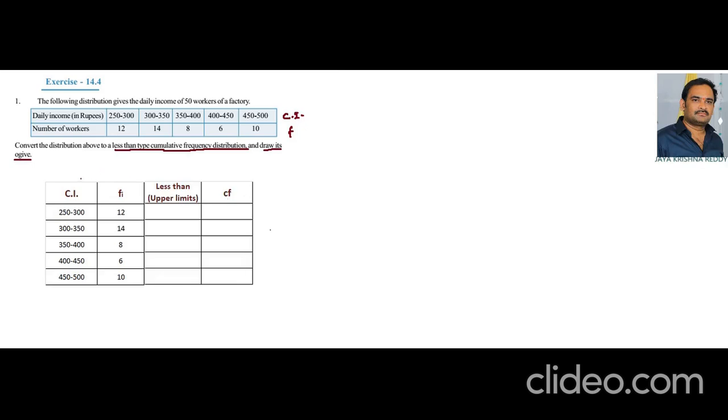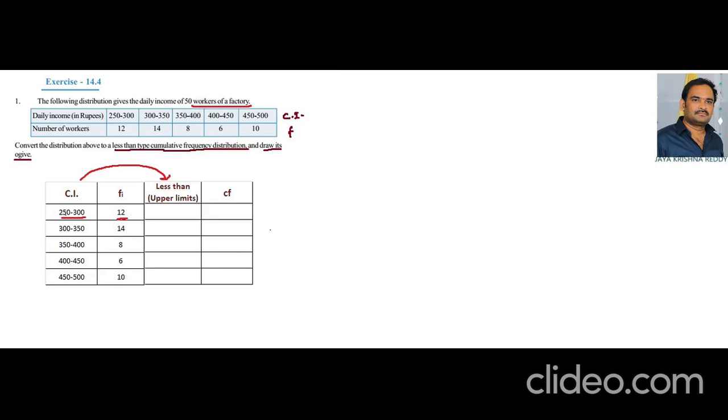By using the class interval, we have to fill this column. The class interval is given as 250 to 300, which means in this class, 12 workers are there. This information is about the workers of a factory.